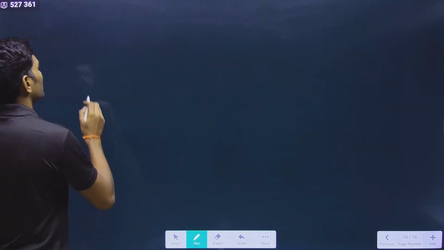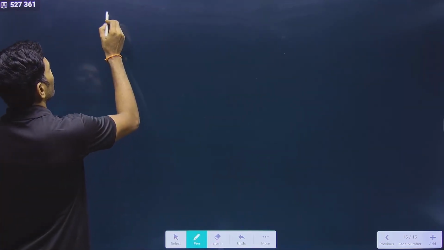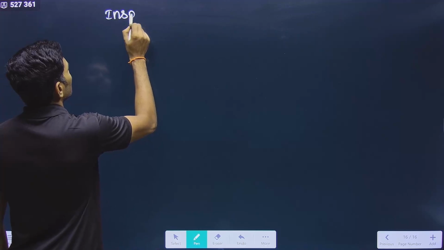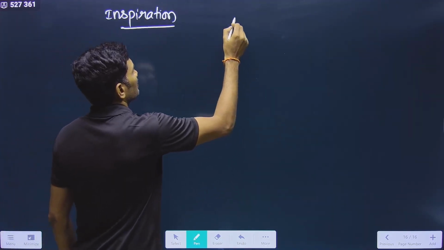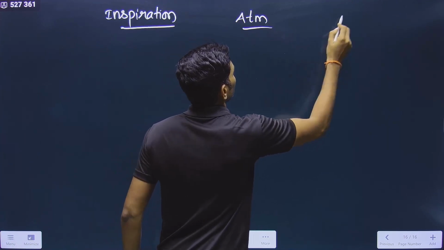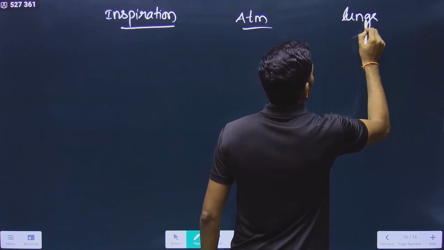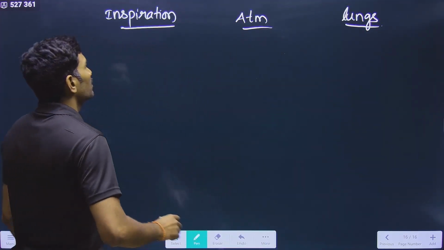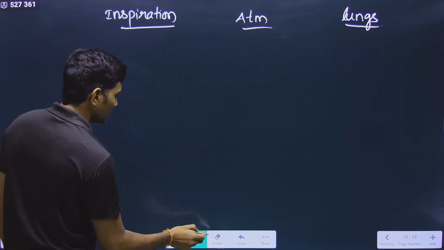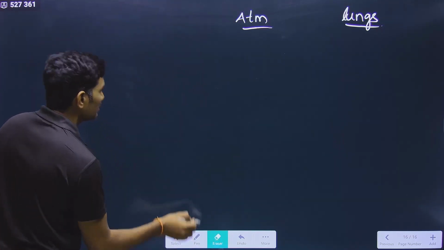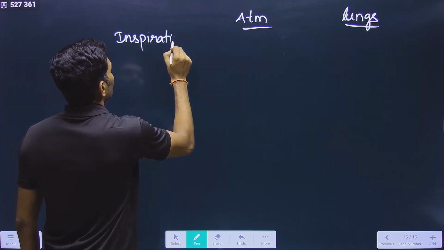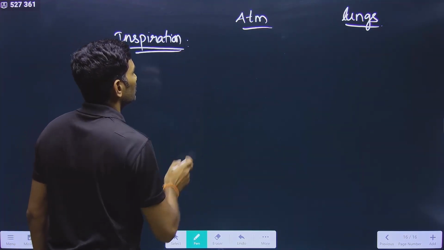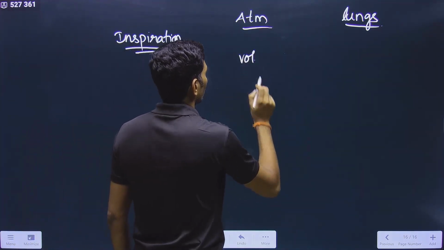Now we will make one simple summary here. First, during inspiration. Let us write some summarized information: atmosphere and then lungs. Let us see what exactly happens in inspiration.